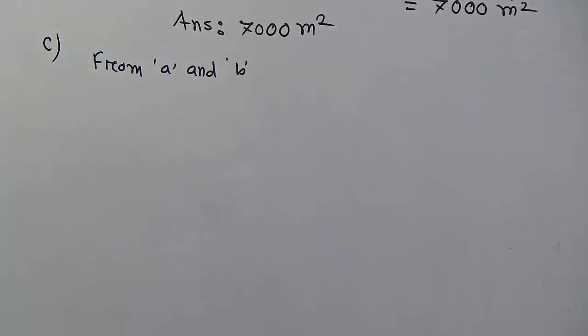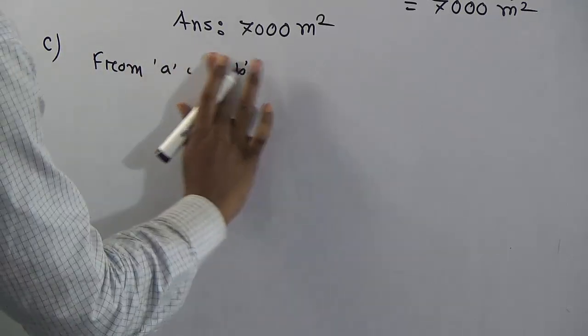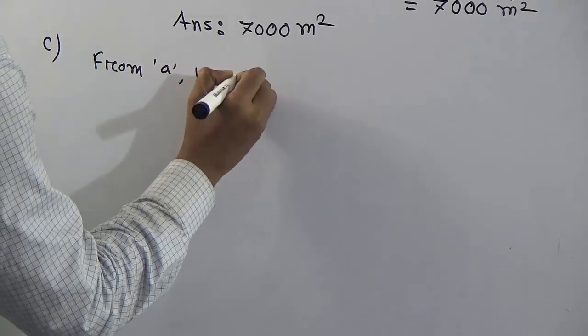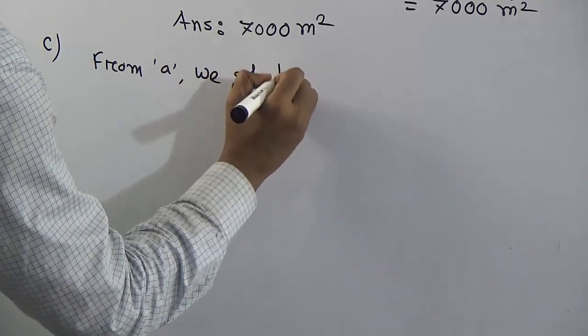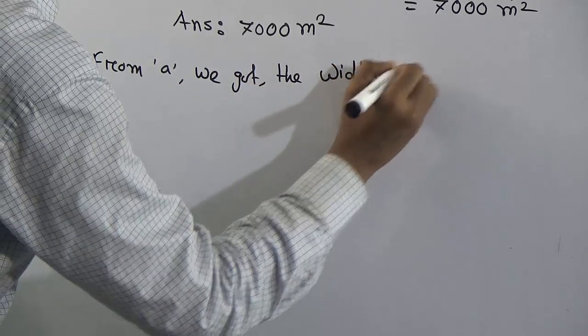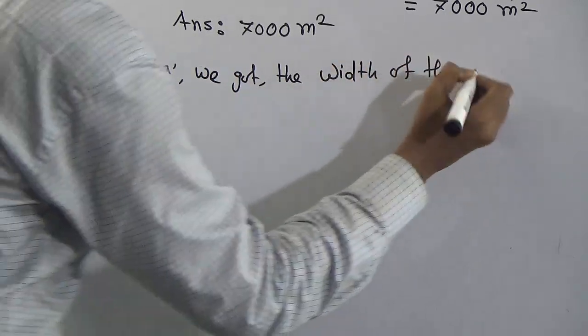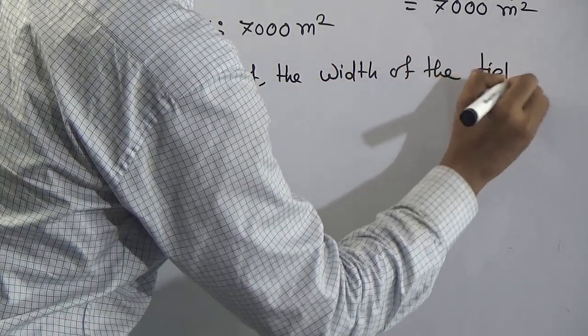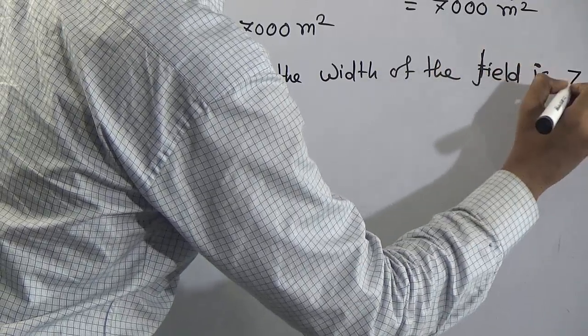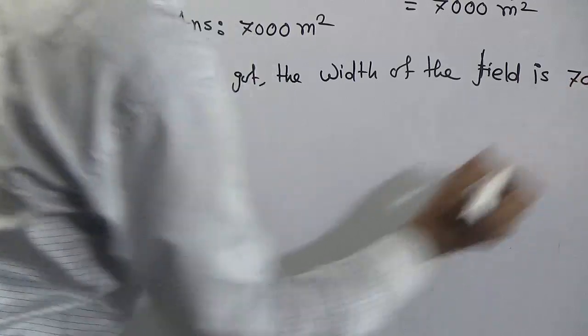Right, from A we got the width of the field is 70 meters.